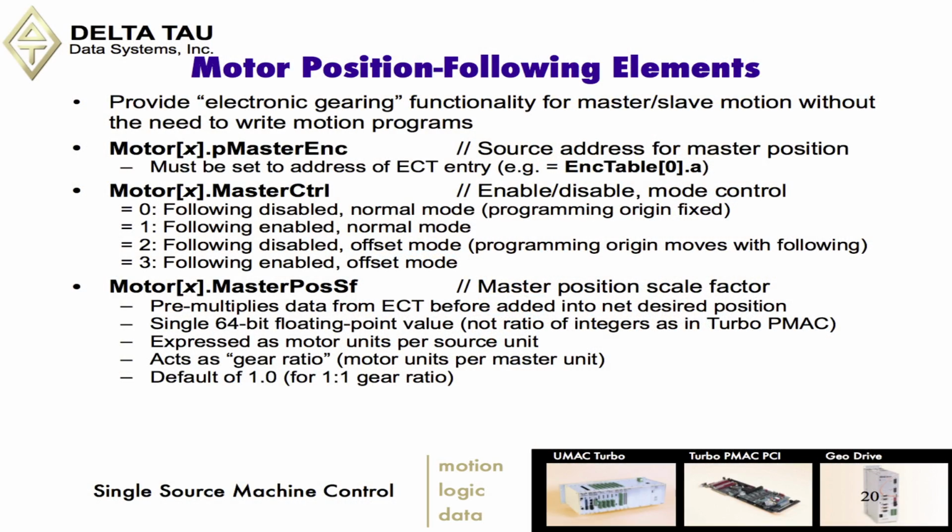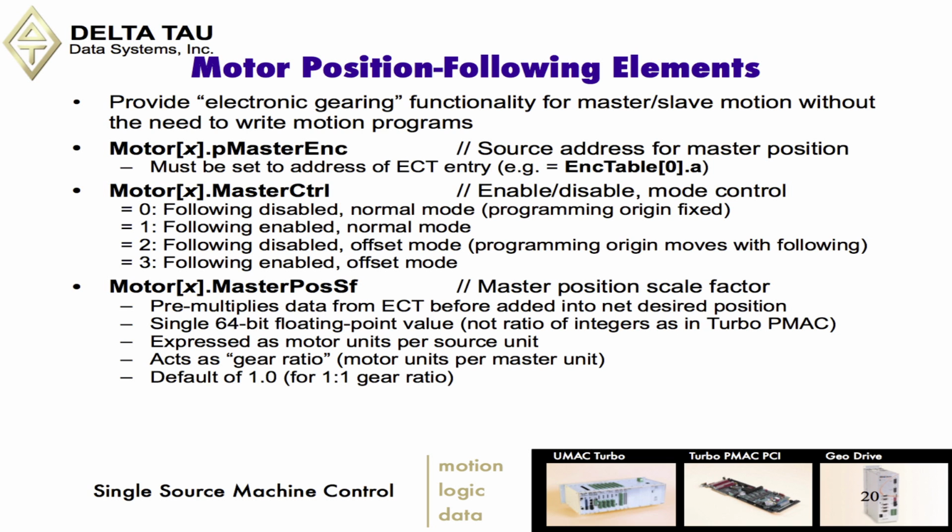So in setting up Power PMAC for master position following, there's a pointer to the master encoder, a P master enc, and then master control, whether it's enabled or disabled, and what mode it's enabled in. We have what's called normal mode or offset mode. Basically, the difference between normal mode and offset mode is, in one case, the origin is considered fixed, and as the motor moves, the origin stays there.